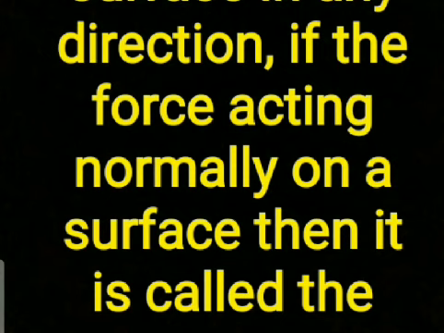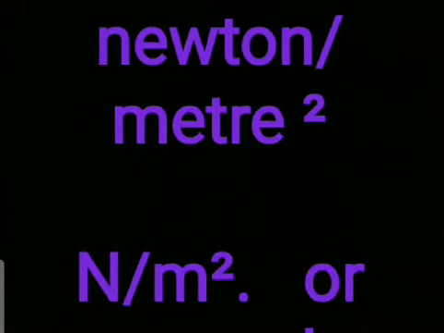Actually, force and thrust mean the same concept, but force we can apply in all directions. When we speak about thrust, we have to keep in mind it is only acting in the downward direction. So we can say that pressure is force by area. At the same time, we can say pressure is thrust by area. Both formulas are correct.